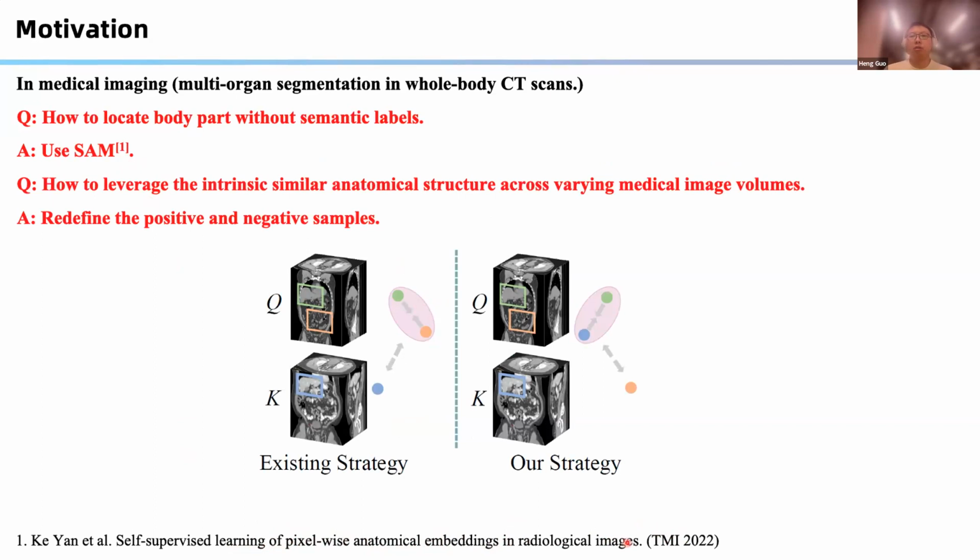The model is also called SAM, which can support fast key point matching, as we mentioned at the beginning of this talk. The answer to the second question is redefining the positive and negative samples, which means we use crops that contain similar semantics but from different volumes as our positive samples in our pipeline.